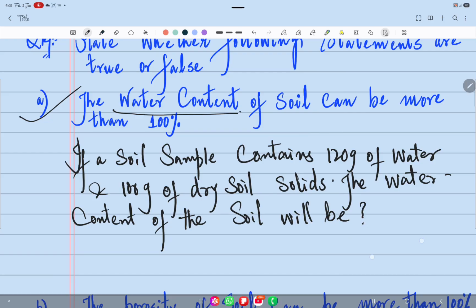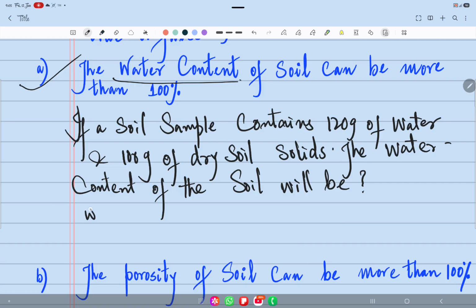Water content is the ratio between the mass of water to the mass of the solids. In this question, the soil sample contains 120 grams of water and 100 grams of dry soil solids. So the weight of the water exceeds the weight of the dry soil solids, and definitely the value will be more than 100%.